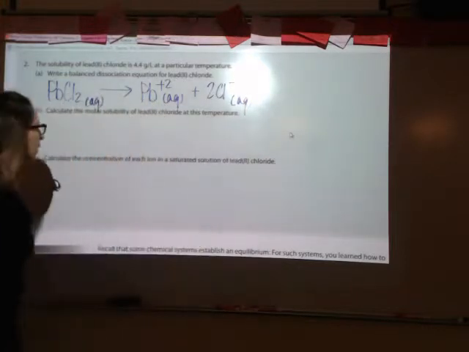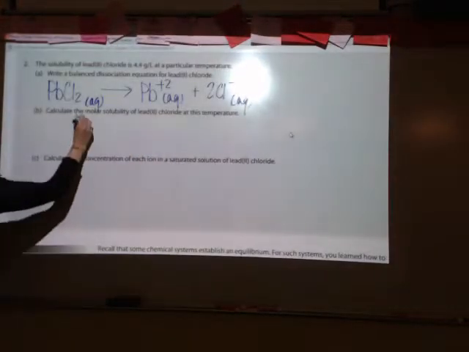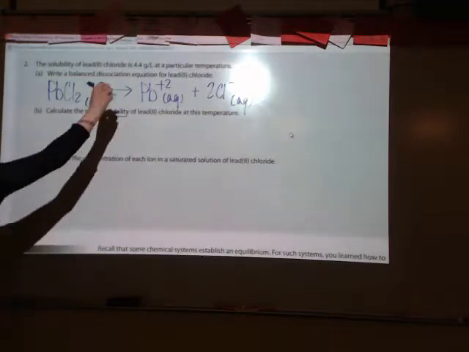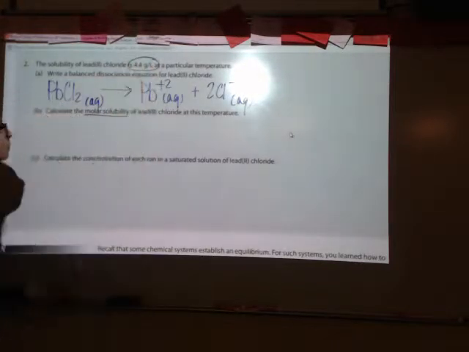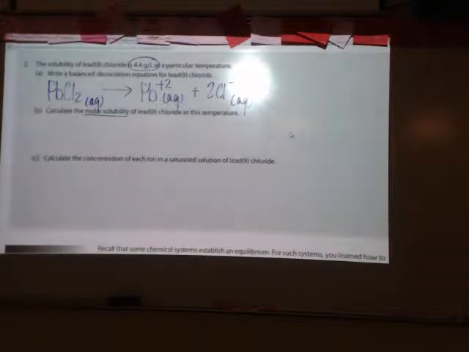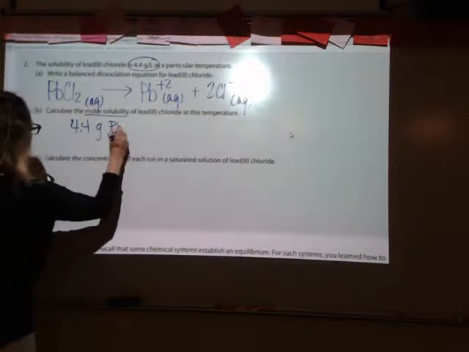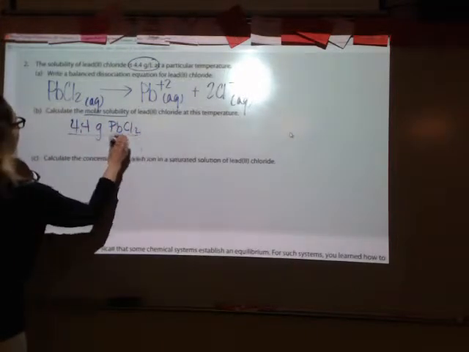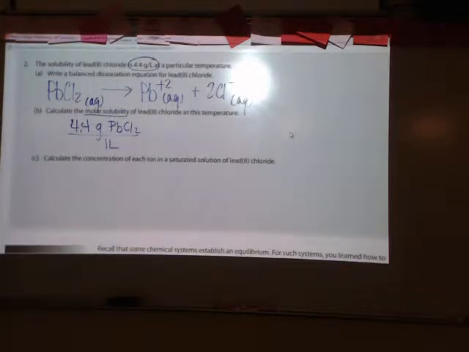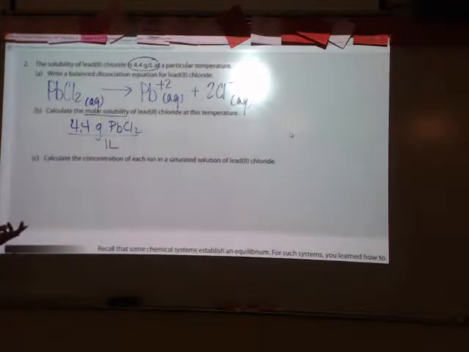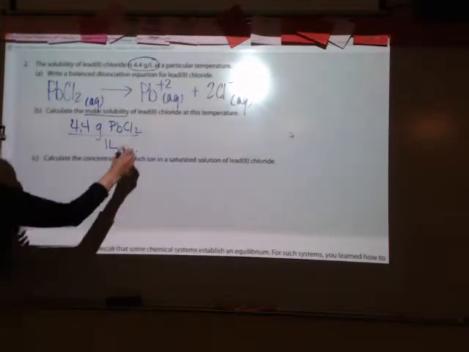Okay. If I asked you to calculate the molar solubility of lead 2 chloride at this temperature, I need to use this solubility and convert grams per liter to moles per liter. So we're going to take 4.4 grams of lead 2 chloride per liter. And if I'm trying to get molar solubility, which is moles per liter, which unit do I need to convert? Grams.